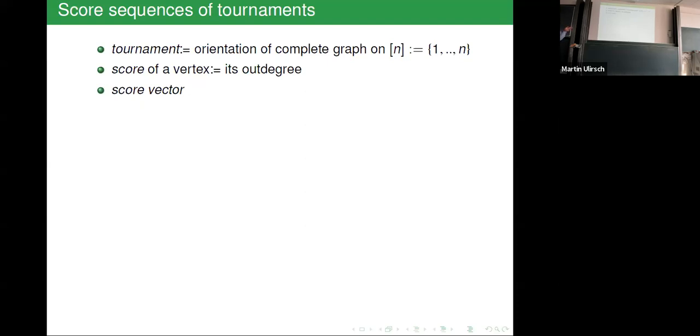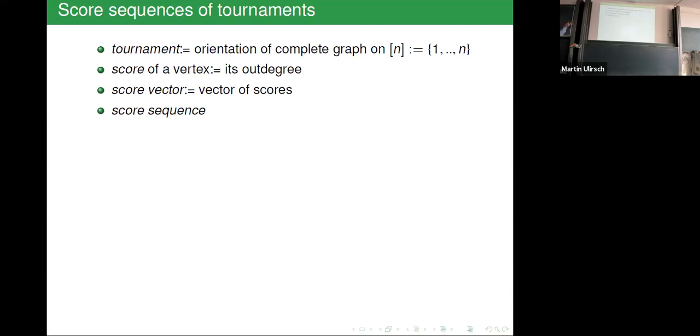And there will be two things. There is the score vector, which is just the vector of the scores, remembering which player had which score. And the other one, for some reason, maybe McMahon's main interest, was the score sequence.